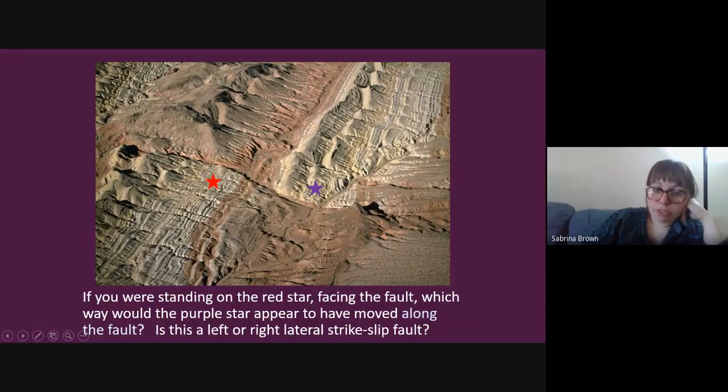All right, if we imagine that we're standing here on the red star and we're facing the fault line and looking over, what direction does our purple star seem to be displaced? It seems like it's displaced to the right. And so we call this a right lateral strike slip fault because the stuff on the other side of the fault line from where we're standing looks like it's been displaced to the right.